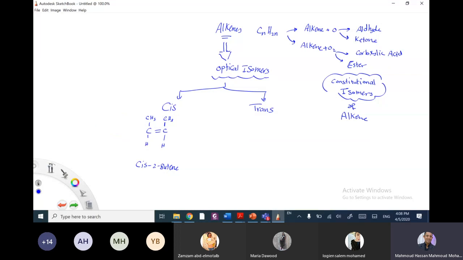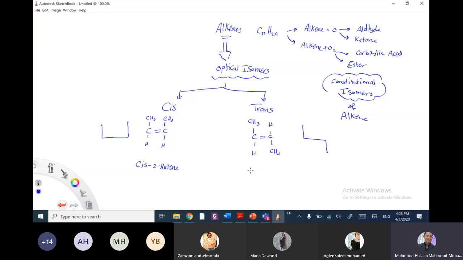For the trans, it will be C double bond C, CH3, then trans CH3, H, H. So in this case, the compound takes the shape of a chair arrangement in the trans.